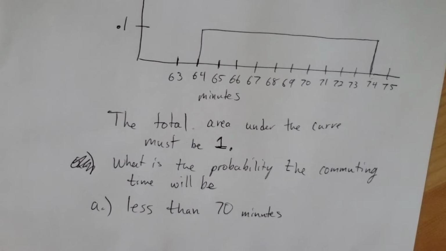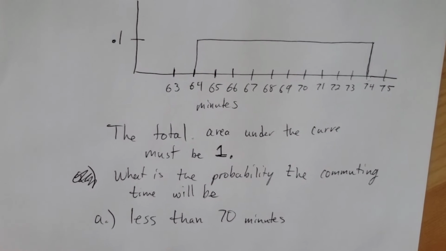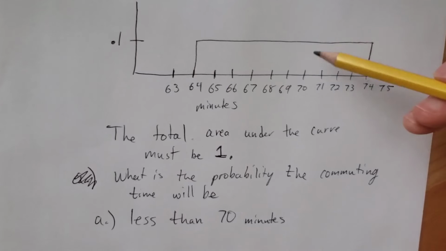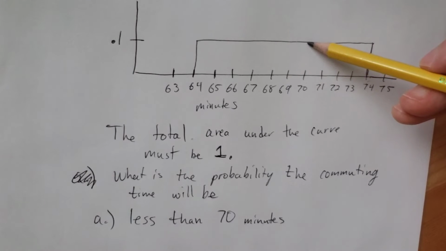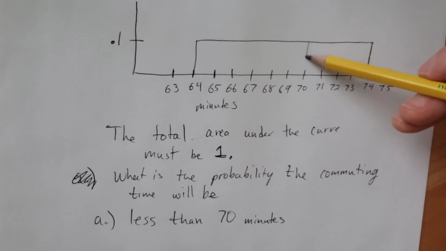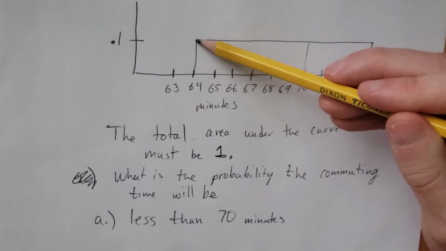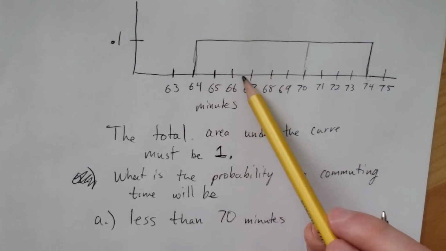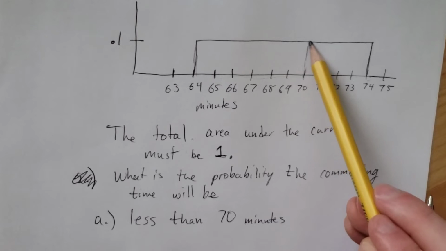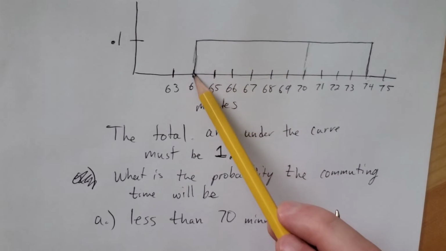Well, if we look at this graph that we drew at the top, we want to know the area under the curve between 64 and 70, right? This is the region that is time less than 70 minutes.